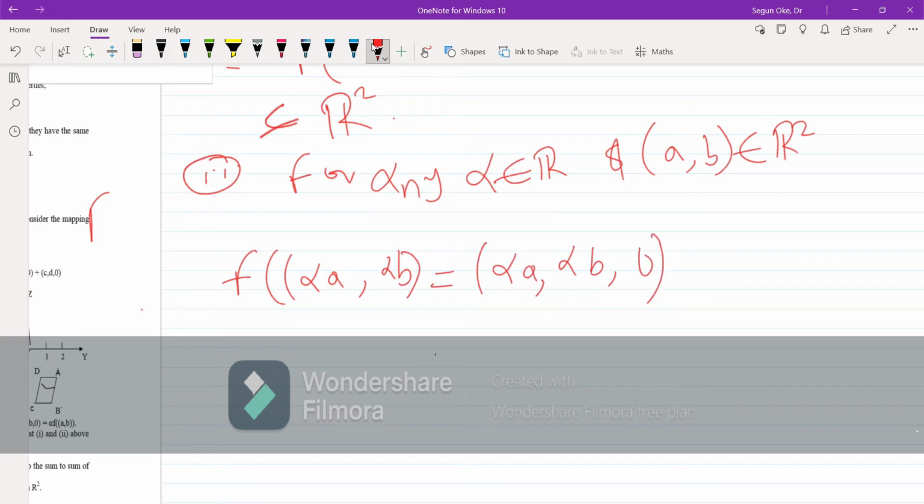And we assume, what is scalar here? We said alpha is the scalar, and the other vector is a comma b comma 0, which means that I can establish that this equals alpha times f of a comma b.